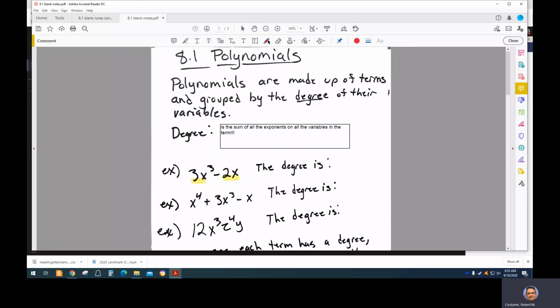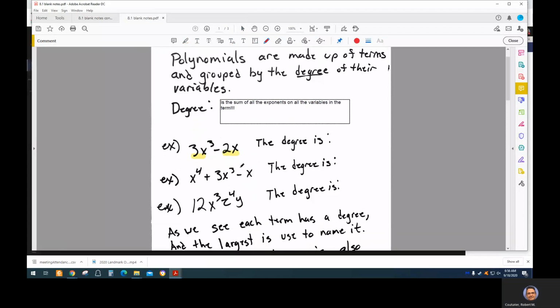I'll say it again. It's the sum of all the exponents on all the variables. Notice some of these here. This one only has one variable in this term. This term, this whole thing is a term, has 3 variables. So we tackle each one in just that way. So that's how we find a degree.